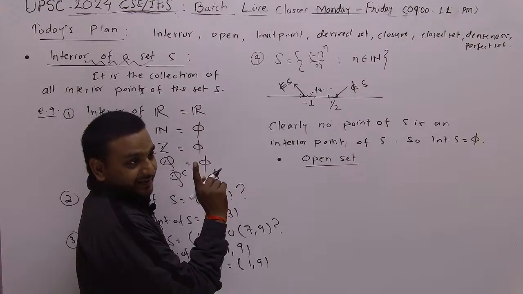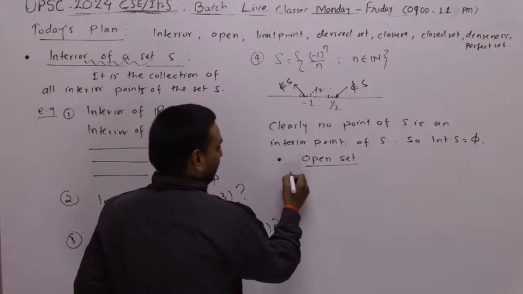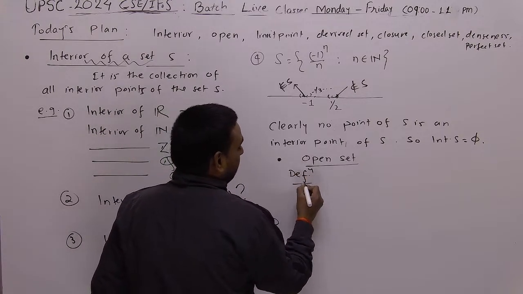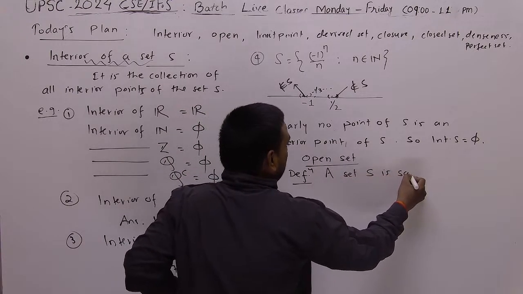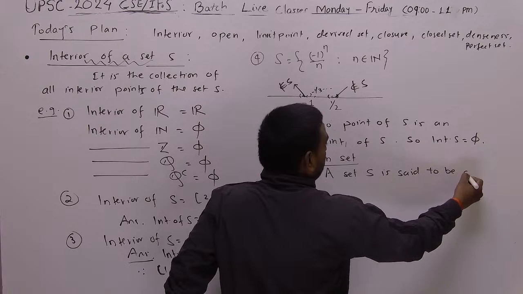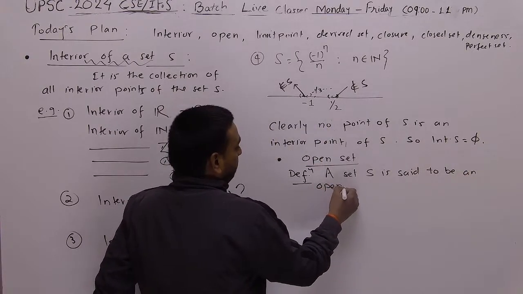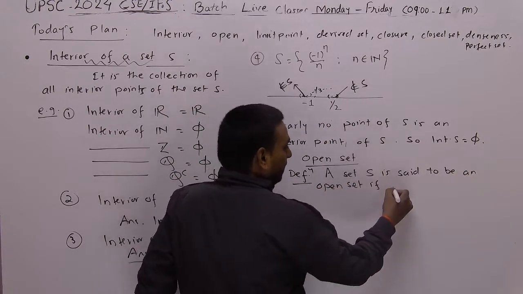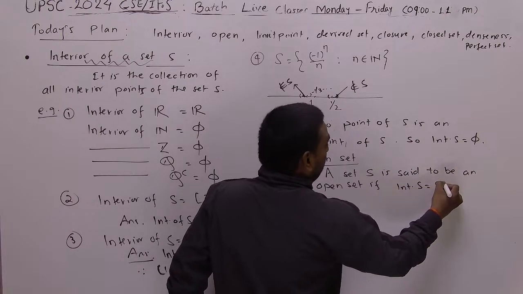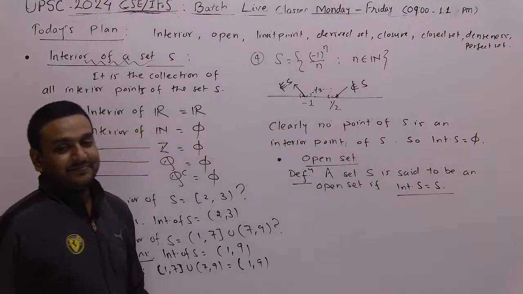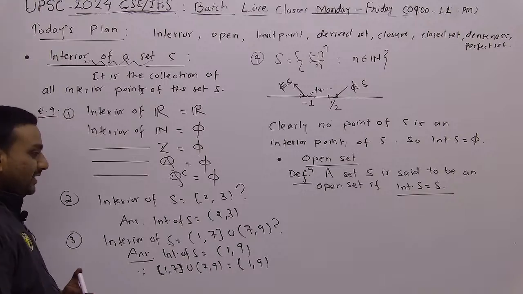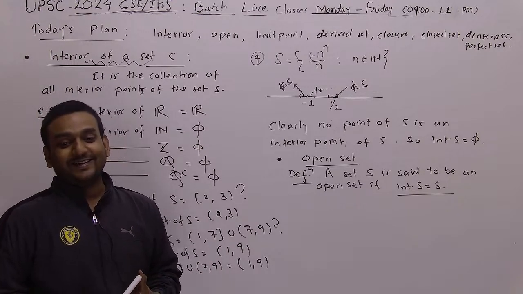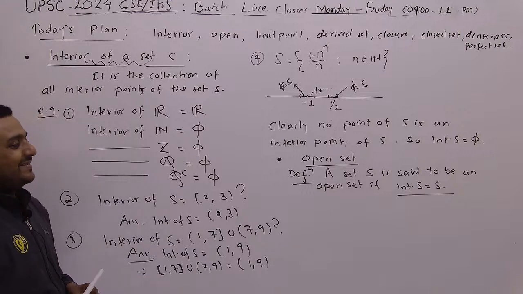Say it again, focus on the definition. A set S is said to be an open set if interior of S equals S. That's it. Shubham Chobe, no problem, the master is running on 3G right now. No tension.